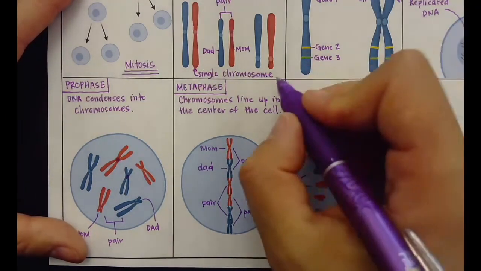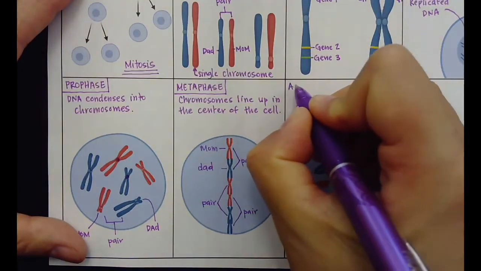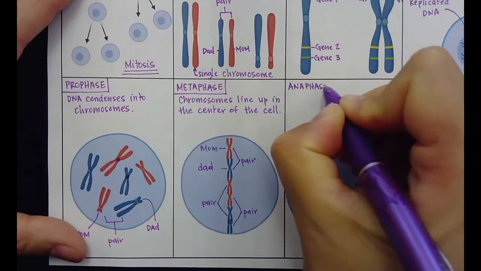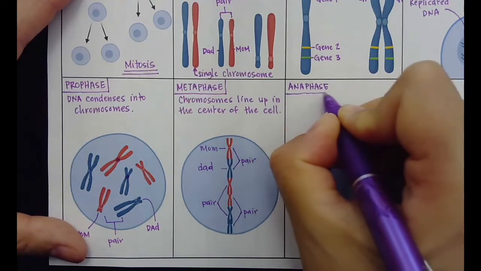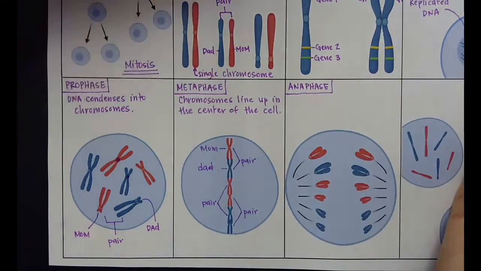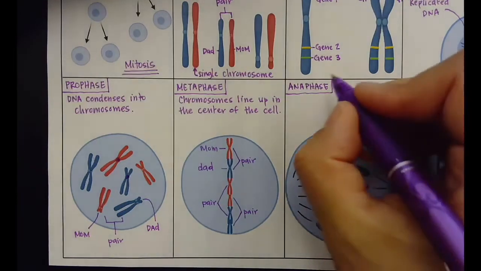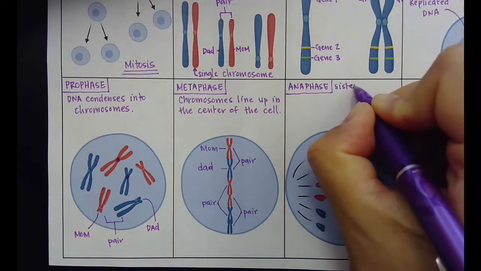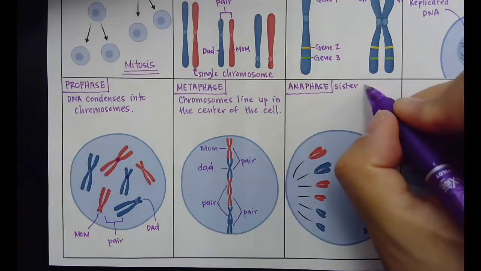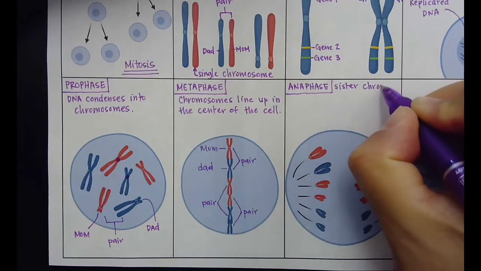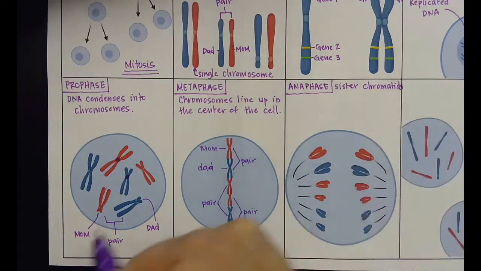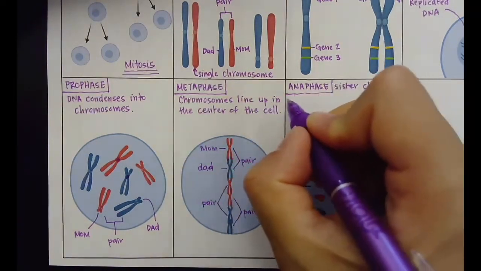The next phase is anaphase. And in anaphase, the sister chromatids are pulled to opposite sides of the cell.